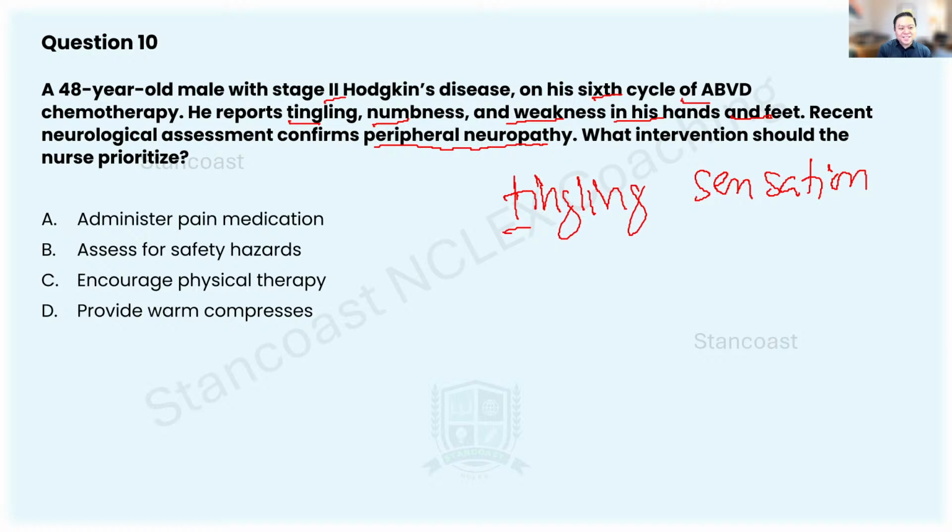So what is this peripheral neuropathy? Well, basically, this is a very uncomfortable sensation by this patient. They can range from being numb. They probably would feel those tingling pins and needles into their toes, the soles of their feet, their fingertips. This is very uncomfortable, guys.